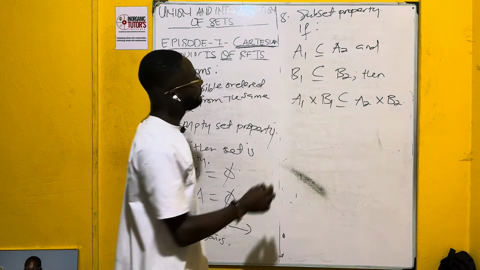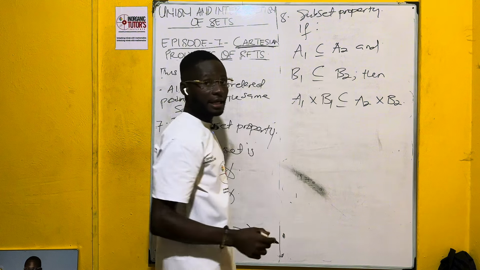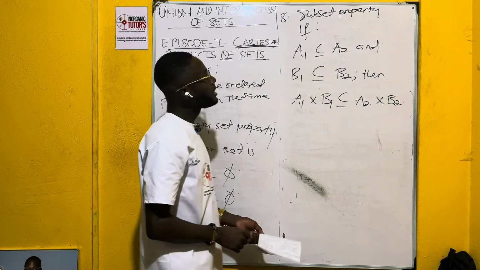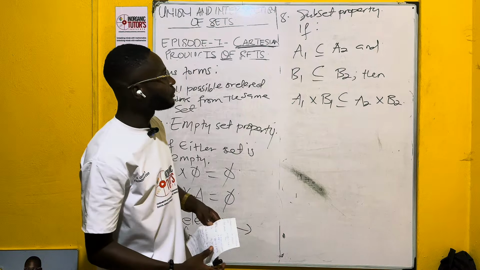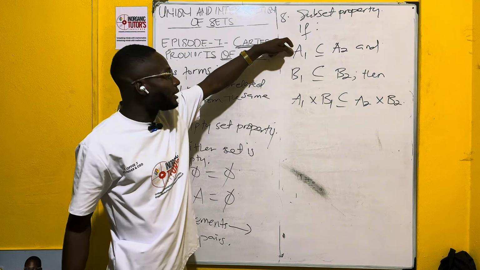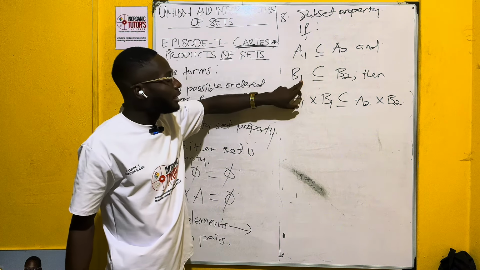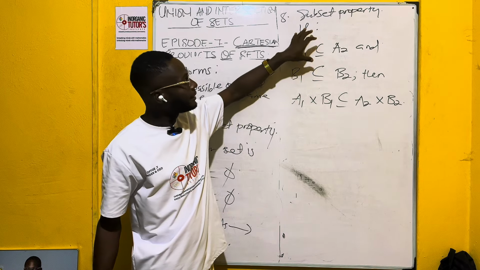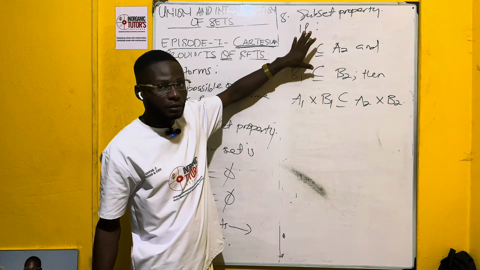All right. If A1 is a subset of A2 and B1 is a subset of B2, then we can actually say that when we cross A1 and B1, it should be a subset of what? A2 cross B2. And this makes sense, right? This makes sense a lot, right?